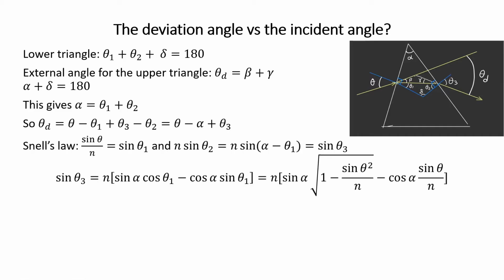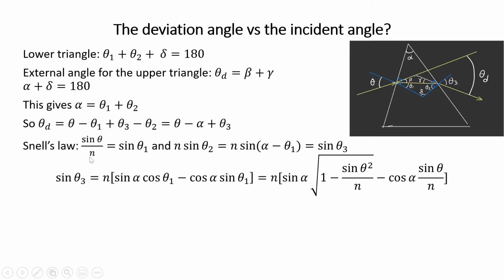Okay, now we are going to apply Snell's law to two boundaries, the left boundary and the right boundary. The incident angle is theta, and the refraction angle for the second surface is theta 3.